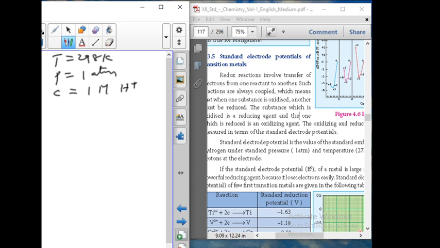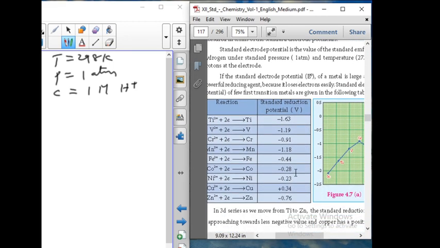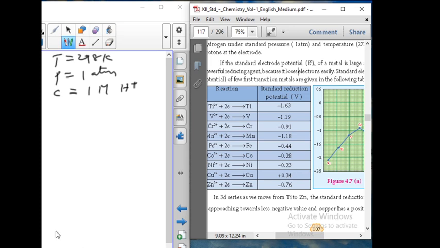Here the major important point, which we have to memorize, is this: see this standard electrode potential table.